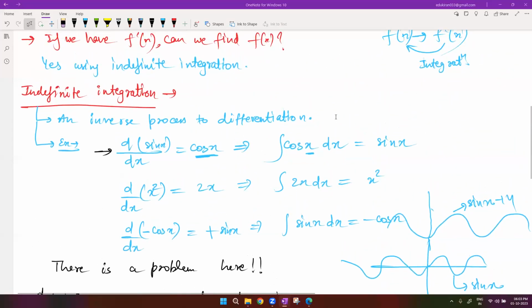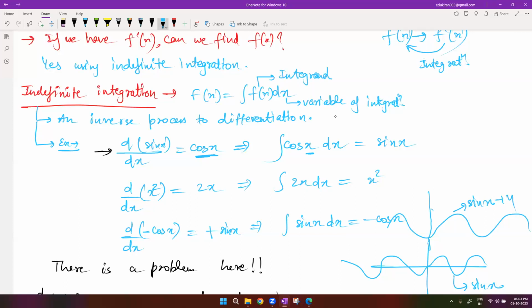We can also write it here if you want. We are basically trying to find a function, capital F(x), which we obtained after integrating f(x) dx, right? So this x is the variable of integration, and this f(x) will be the integrand.